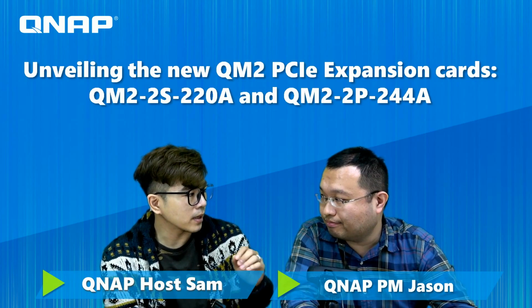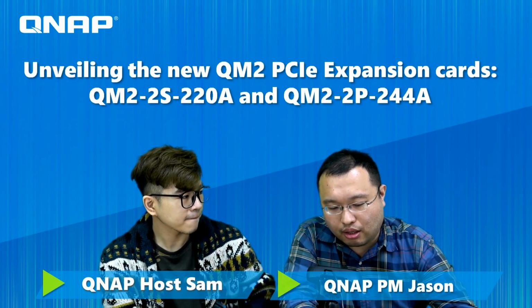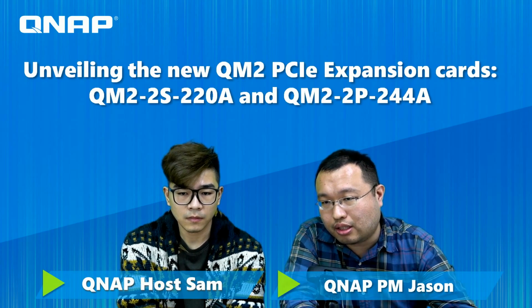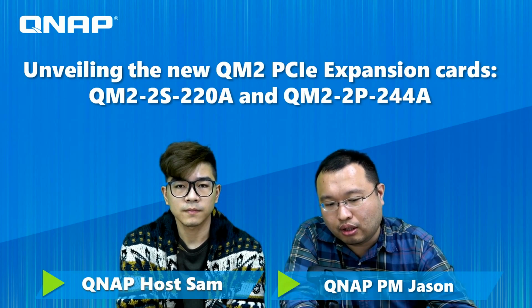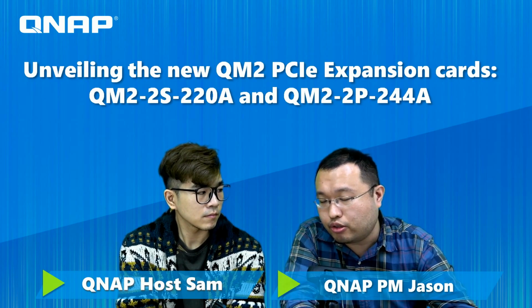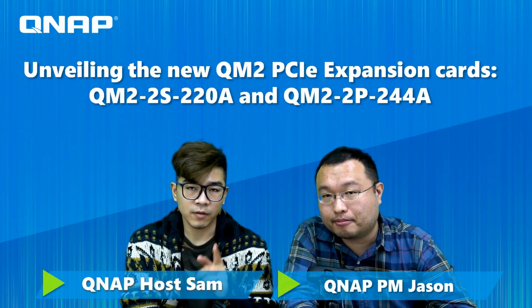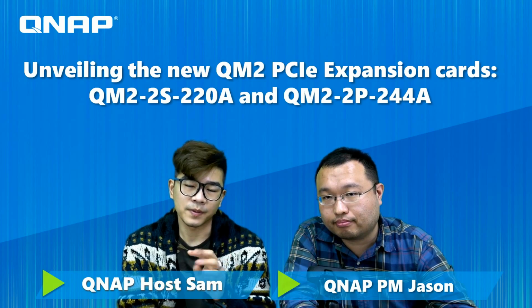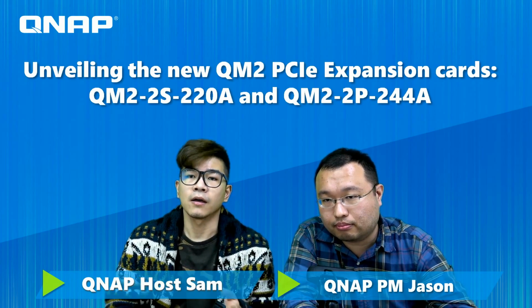But when can we get the 4P QM2 card? Yes, all the new QM2 cards will be available sometime in April or early May. So be sure to check your various distributor purchase channels and look out for them to show up. If you are going to buy a QM2 card recently, just hold on and wait until we release the new 4P. We will provide you more and more choices on your demand.